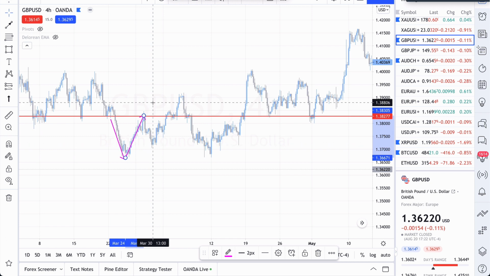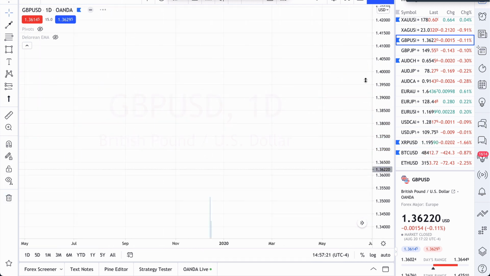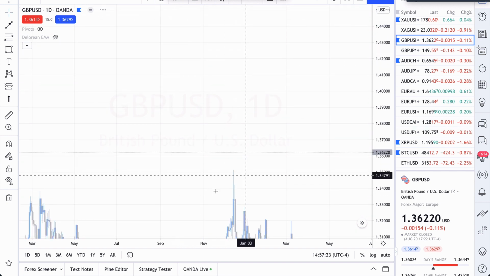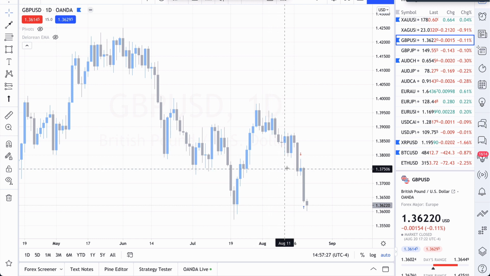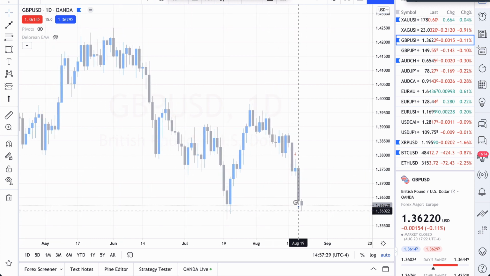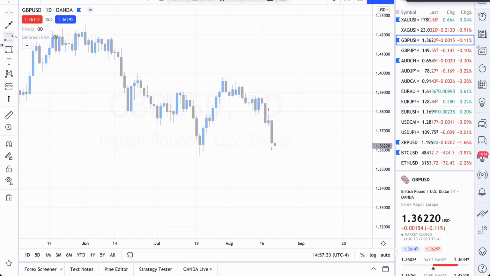Another way: I don't trade on the shorter time frames because I want to see the bigger picture. So I always look at the daily. Taking this as an example, I look for these tweezers or these pairs.